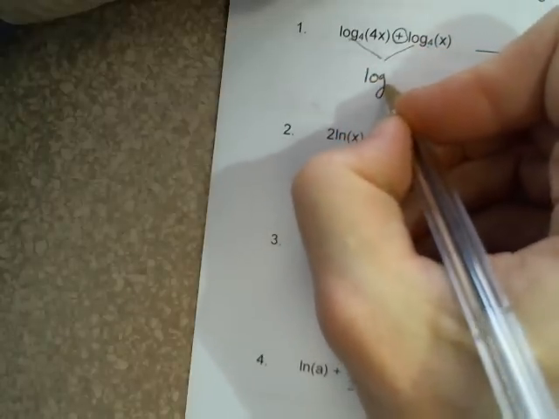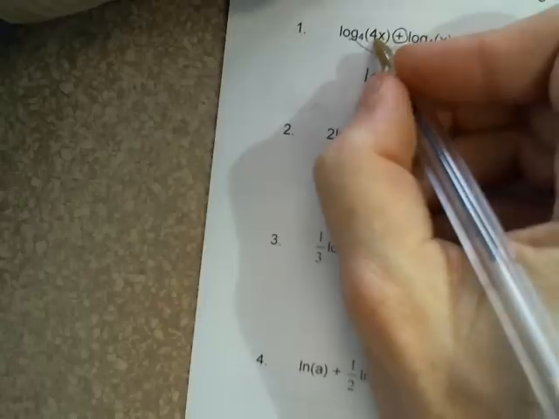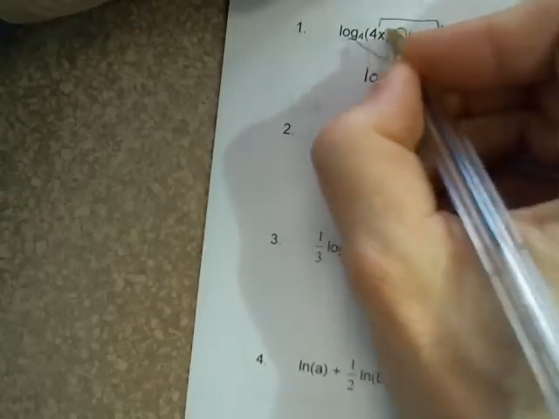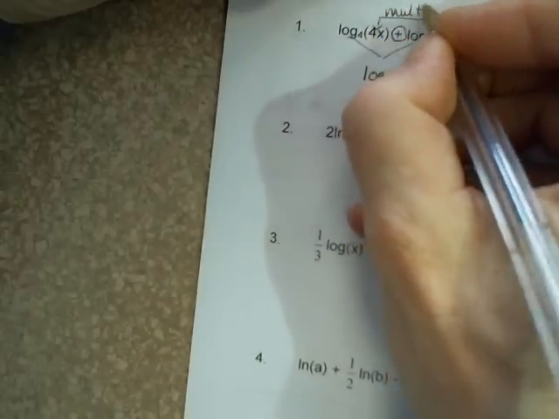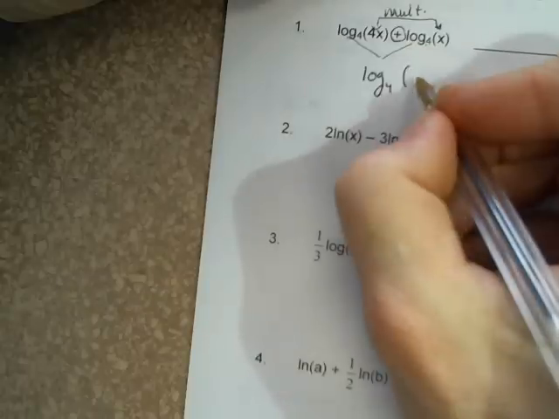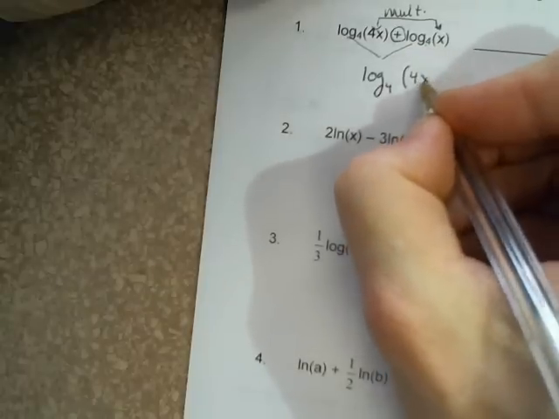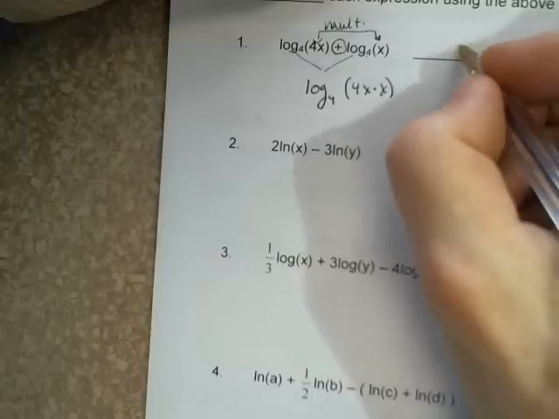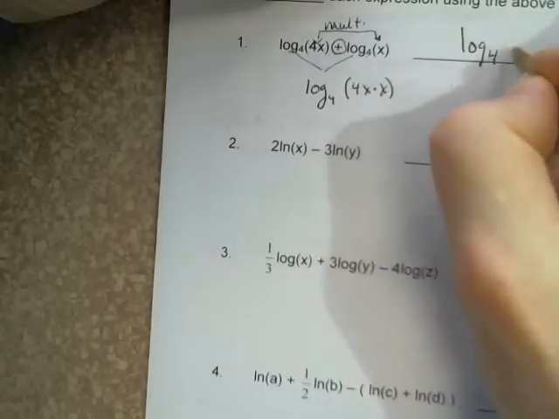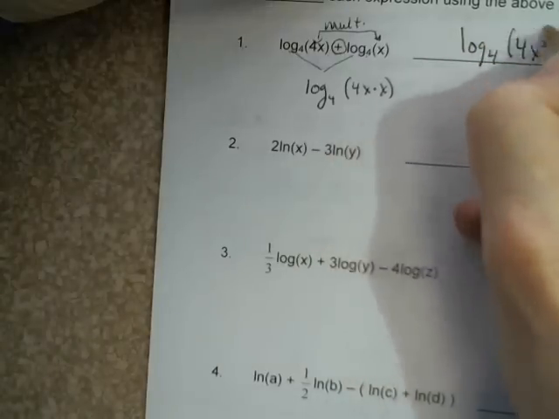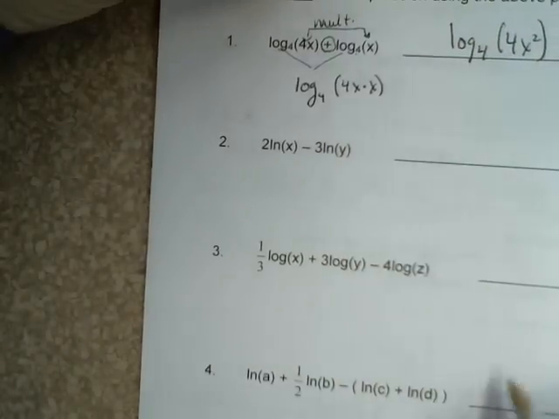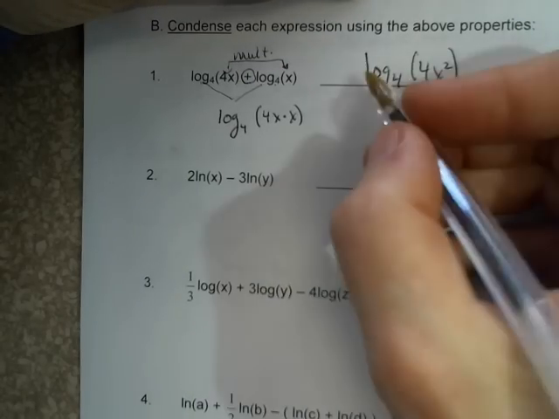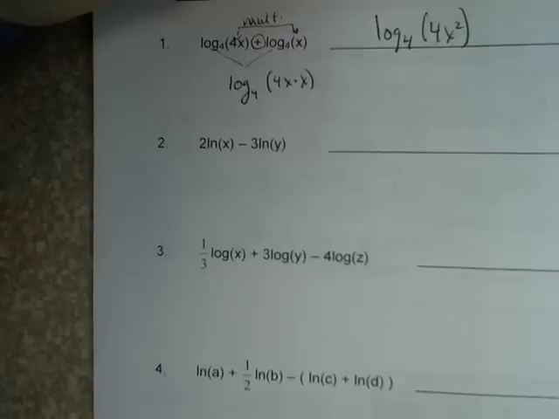This is a log, the base is 4, and we're going to multiply these two arguments because of the plus sign. So this is log base 4 of 4x times x. And 4x times x is 4x squared, so this would be log base 4 of 4x squared, and that's the end of that. Condense means make one log out of two or more logs.